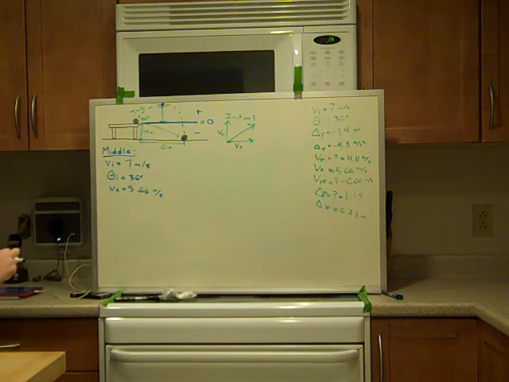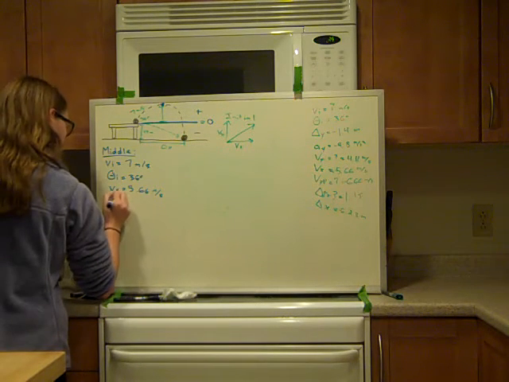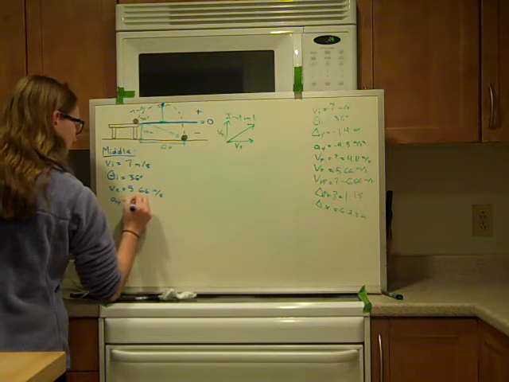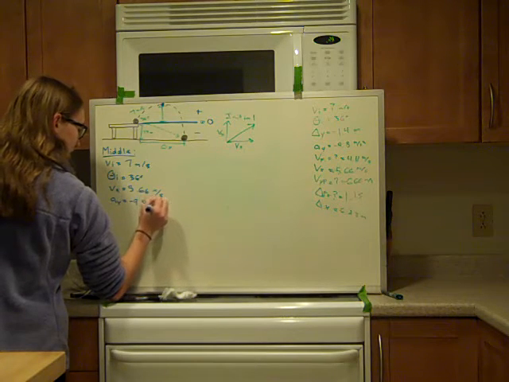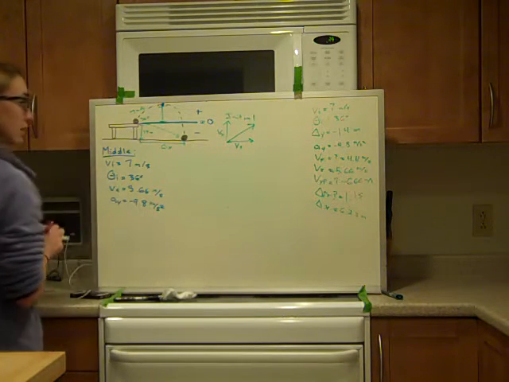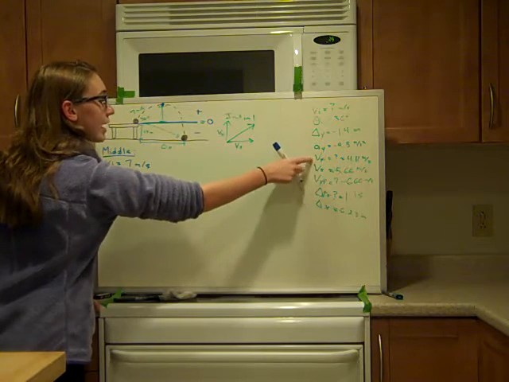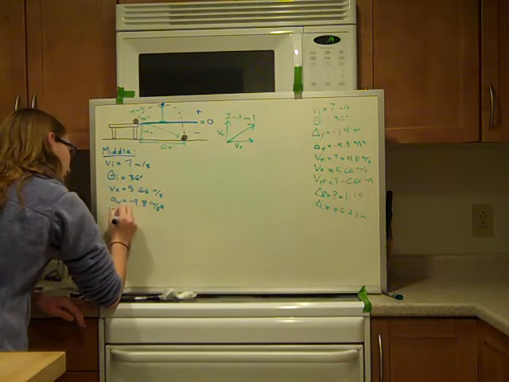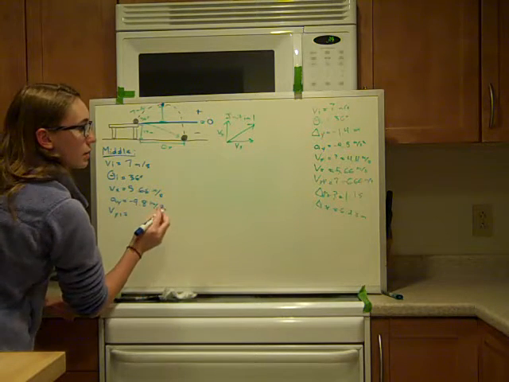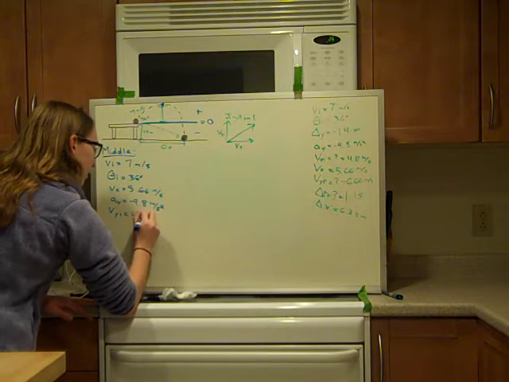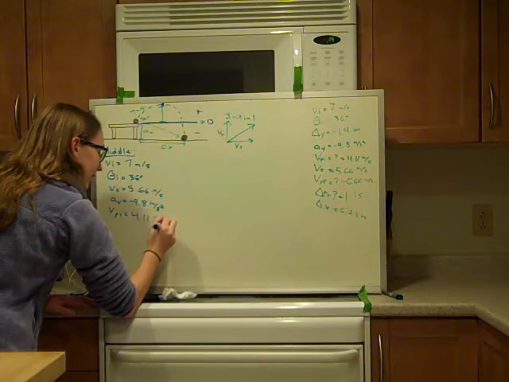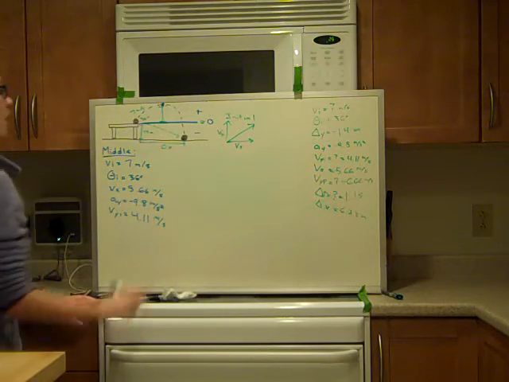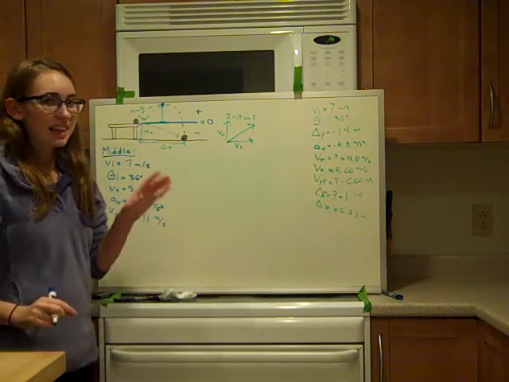We know that acceleration, ay, is equivalent to negative 9.8 meters per second squared. What else do we know? We know that Vyi is going to be the same because it's starting out from this point. So Vyi is equivalent to 4.11 meters per second. And then here it is exactly in the middle of this arc.